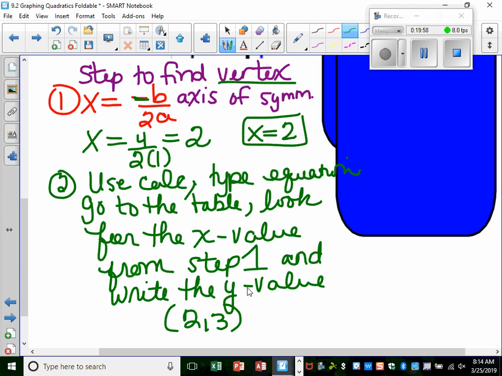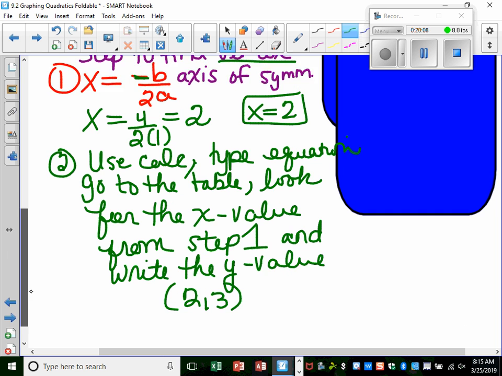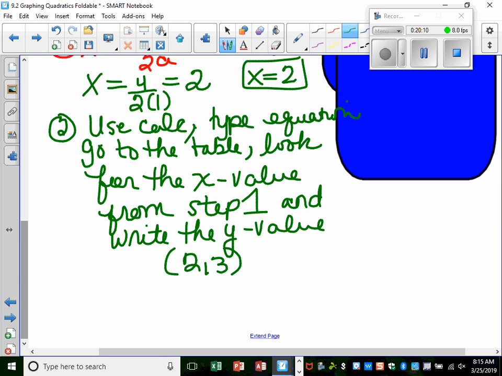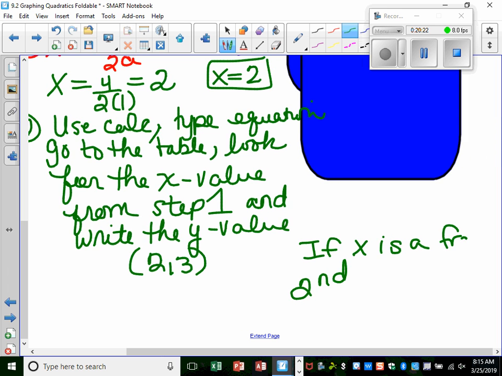Now, let's say that the x value came out to be 1/2. You guys remember how to change the table? If it comes out to be a fraction, what do you hit? Second what? I'm going to put up here, if x is a fraction, how do you change your table? Who remembers what to do?